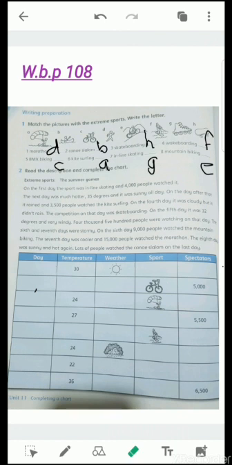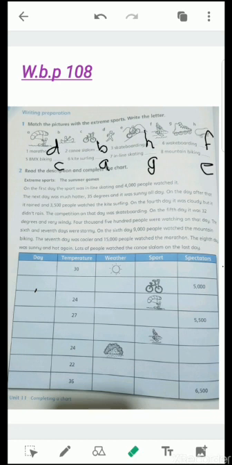You have to write the letter beside the correct definition or the correct name of the extreme sport. We have the marathon D, canoe slalom B, skateboarding H, wakeboarding F, BMX biking C, kite surfing A, inline skating G, and mountain biking E.